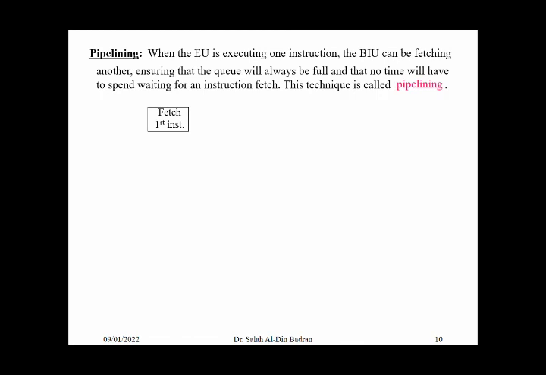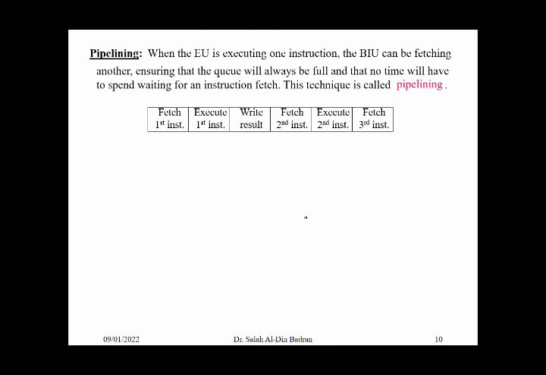In regular operation, we fetch the first instruction, then execute the first instruction, write its result, then fetch the second instruction, execute the second instruction, and then fetch the third, read the operand, and execute the third instruction.